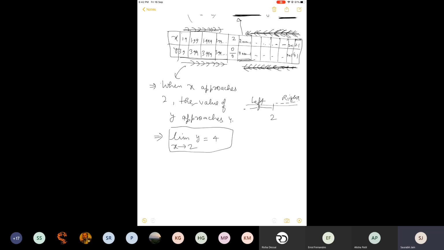Please note, y is not 4. Limit of y is 4. And what is the limit of y? That means the approaching value of y. What is y here? y is f(x), and f(x) is nothing but (x square minus 4) upon (x minus 2). This thing is, sorry, 4.